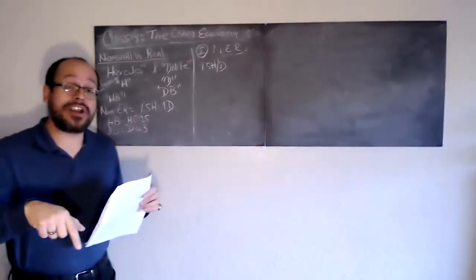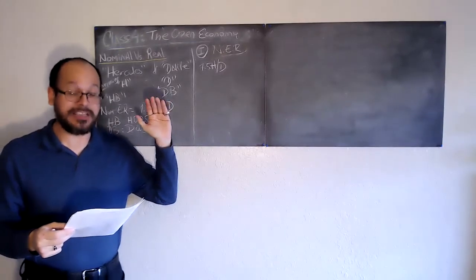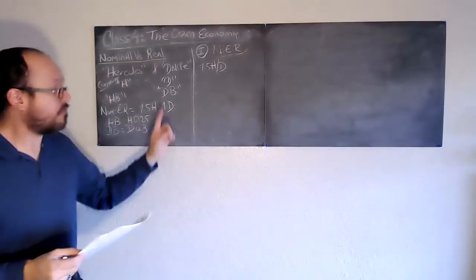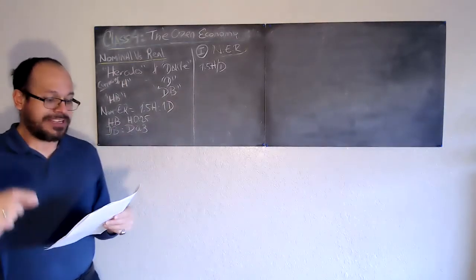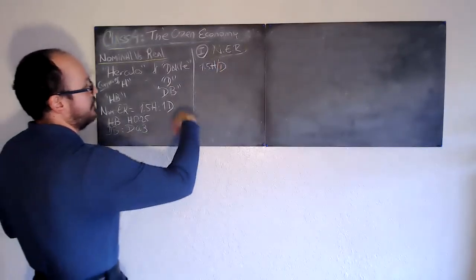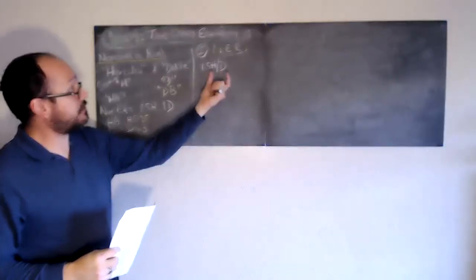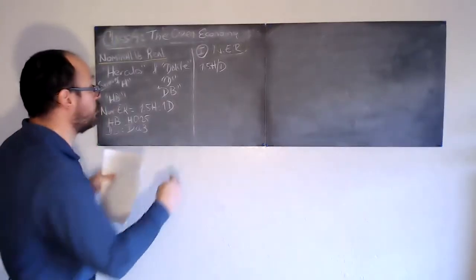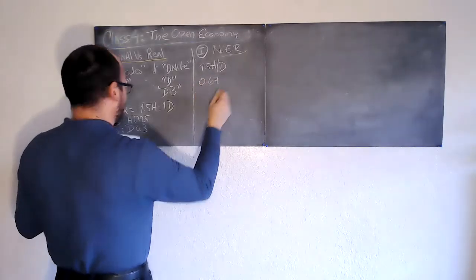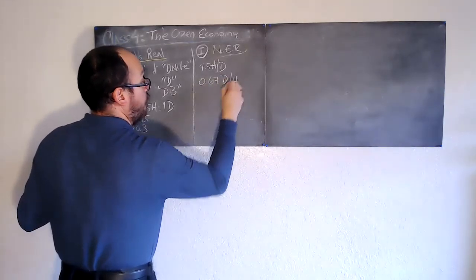But for this problem, because the real exchange rate is in terms of Delilian beers over Herculean beers, we need the nominal exchange rate of Delilians over Herculeans. This is simply rearranging terms, and you will have 0.67 Delilians over Herculeans.